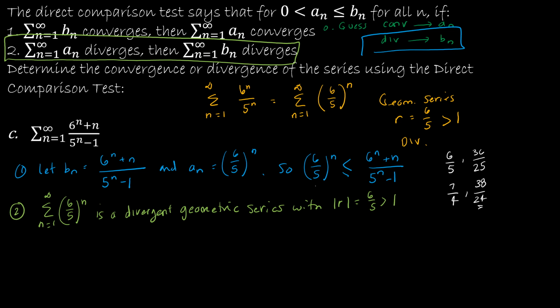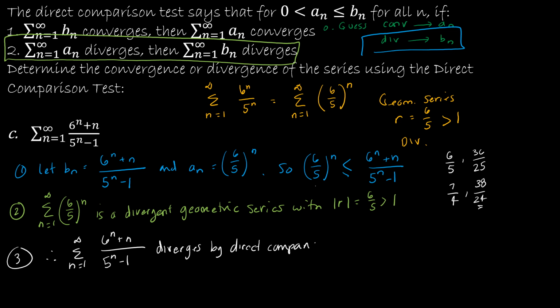Therefore, I can say that the summation as n goes from 1 to infinity of 6 to the n plus n over 5 to the n minus 1 diverges by direct comparison to my divergent geometric series.